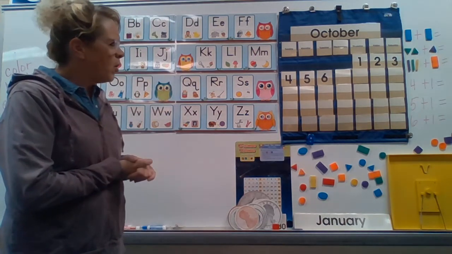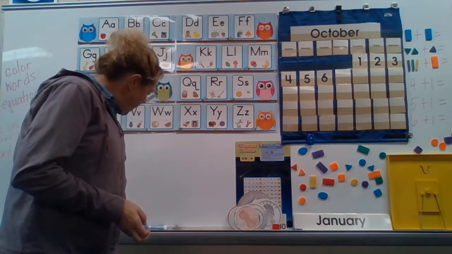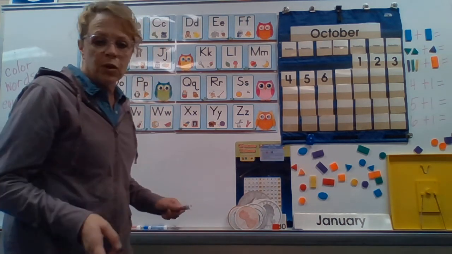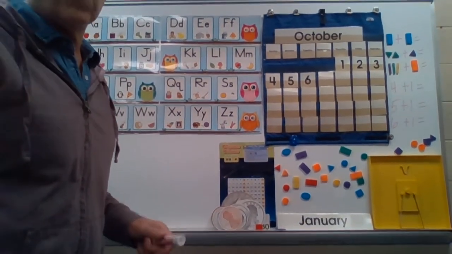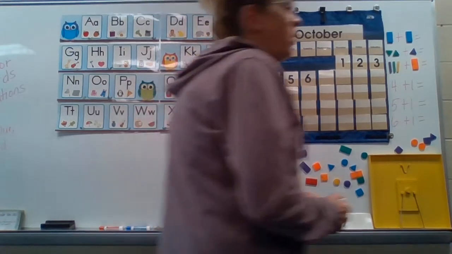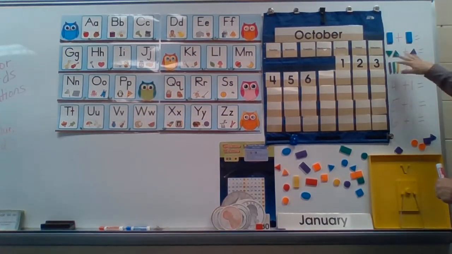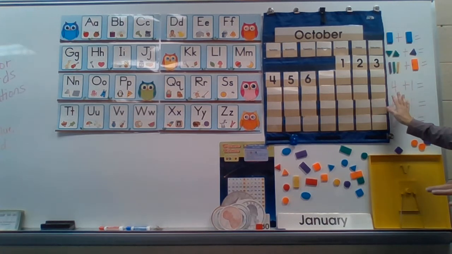Now, today we're going to look at some little math equations, or you might hear it called a number sentence. Okay, we can make a number sentence or an equation with math numbers. So I used some shapes over here to make some equations with pictures, and then I used numbers here.